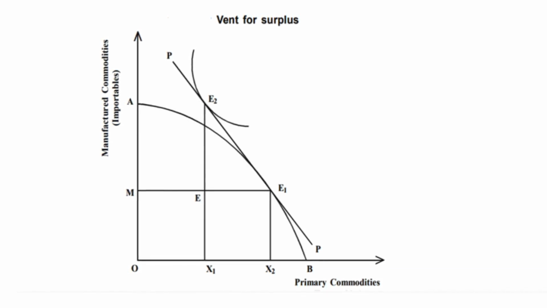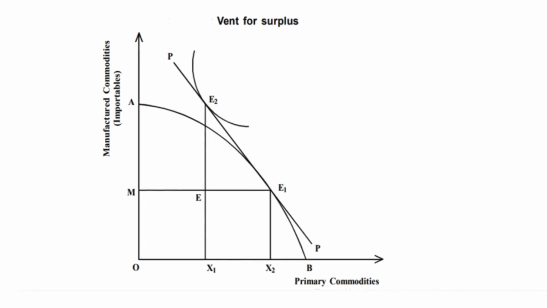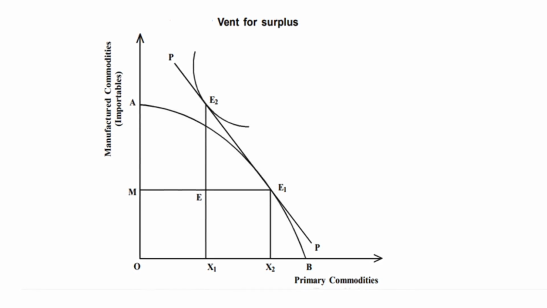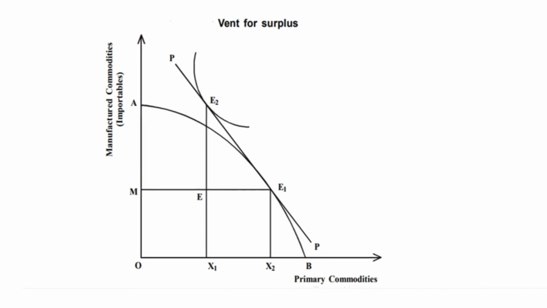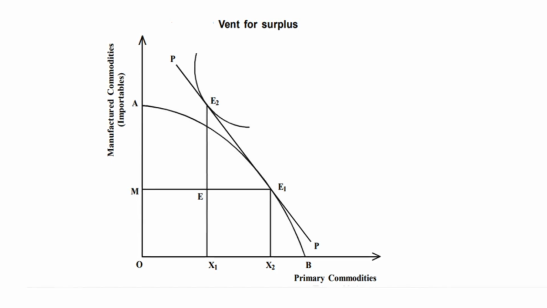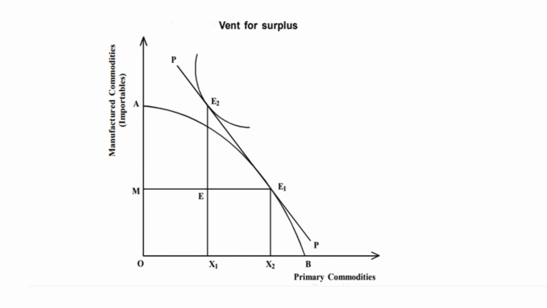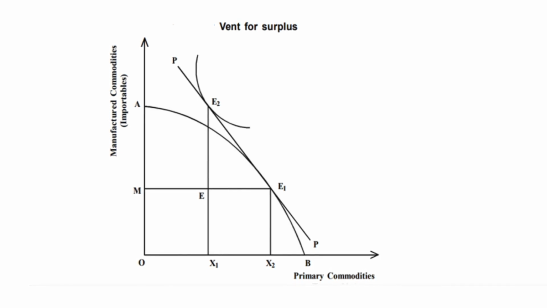As a result of this shift, the country produces OX2 units of primary commodities, an excess of X1X2 units, without reducing the production of manufactured commodities. PP is the terms of trade line tangent to the production possibility curve at E1.